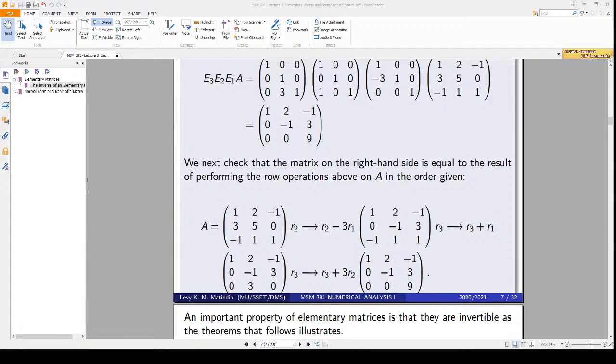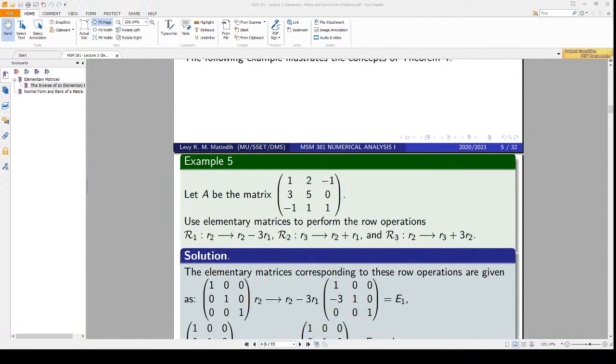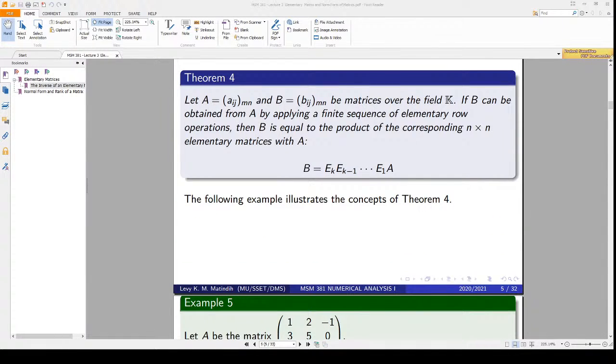Now, if you look at this resulting matrix and the one that you had found by multiplying the elementary matrices with matrix A, the resulting matrices are the same. So this example is clarifying what theorem number 4 is stating. We have clarified theorem number 4 by this example number 5.